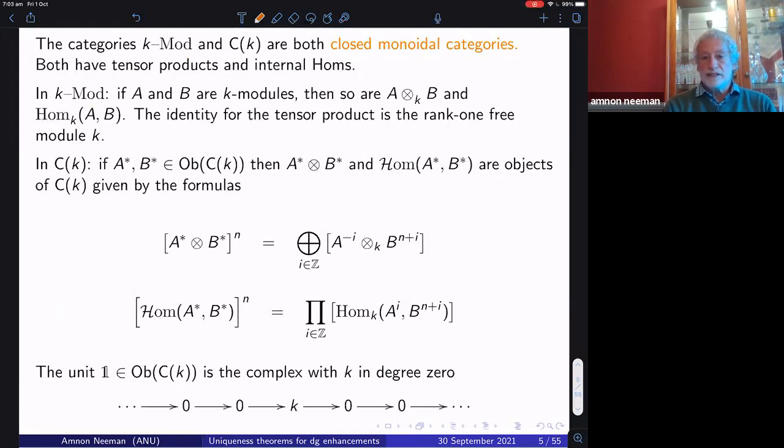And for the cochain complexes, the formula for the tensor product and the Hom complex is the usual one. And both have identities for the tensor product. So the identity for the tensor product of two cochain complexes is the complex with K in degree 0 and 0 everywhere else.